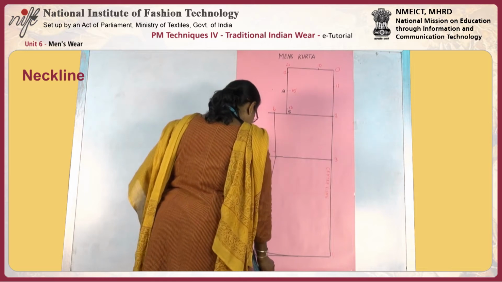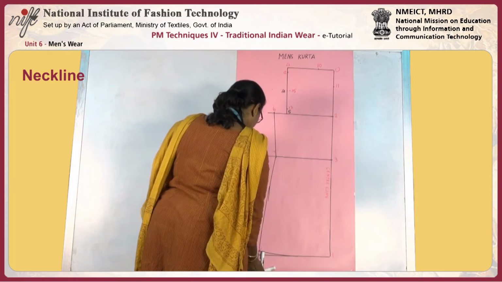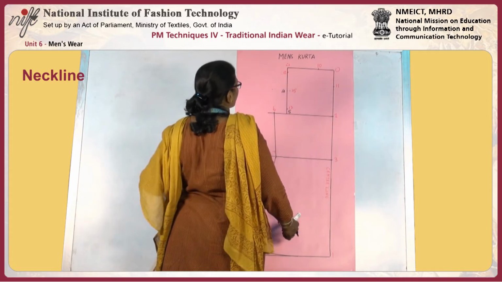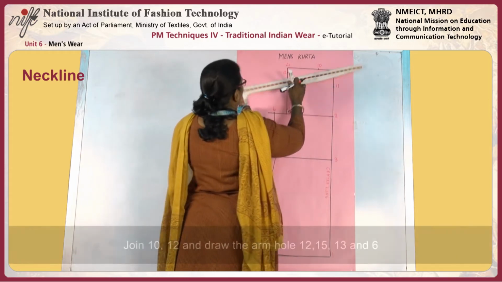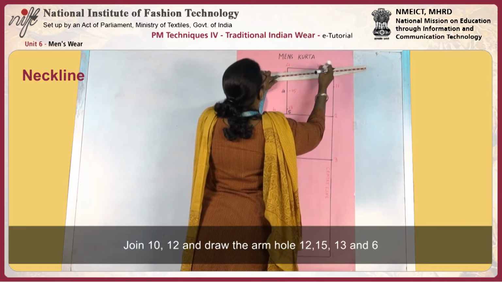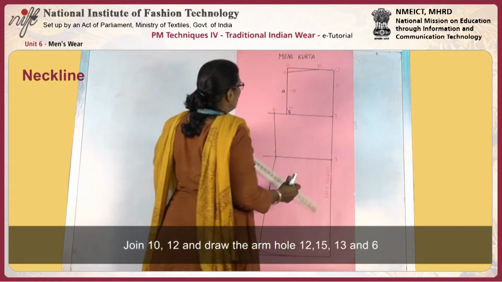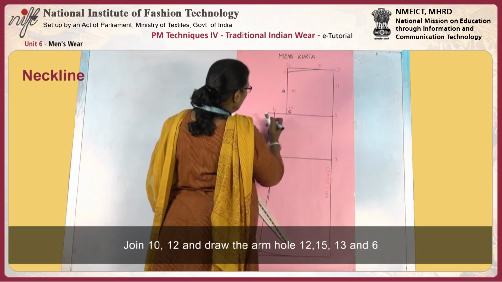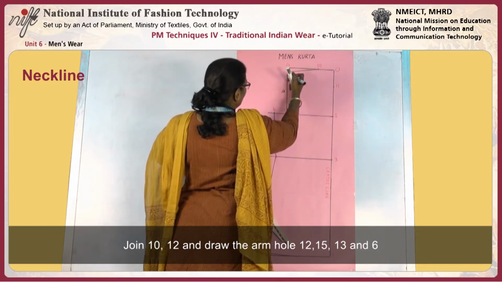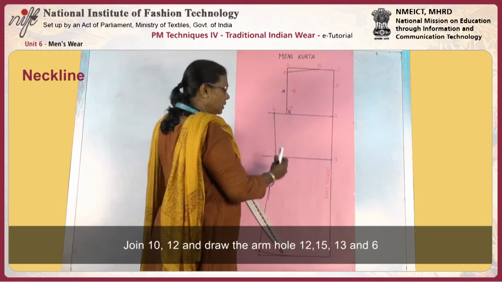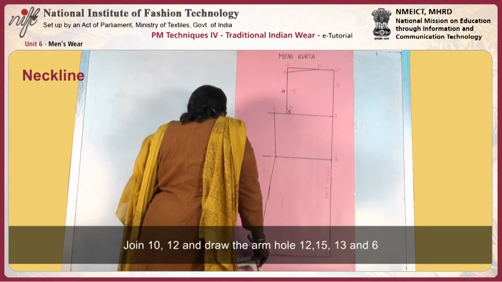Join 10 and 12, and then draw the armhole from 12, 15, 13 and 6 as the front armhole.